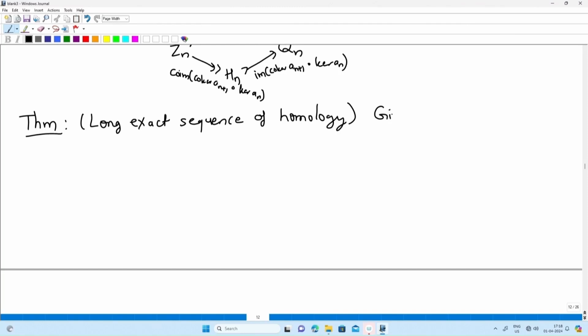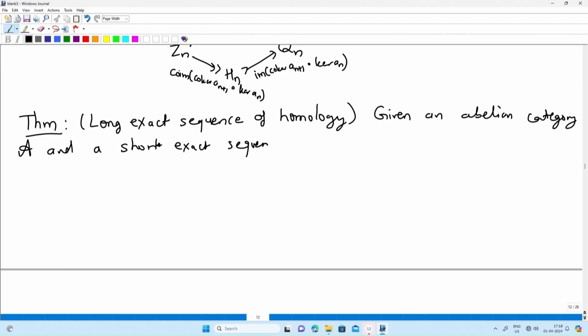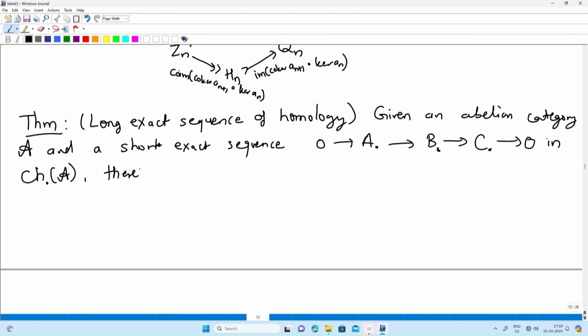So given an abelian category A and a short exact sequence 0 to A dot to B dot to C dot to 0 in the category of chain complexes, there is a long exact sequence.